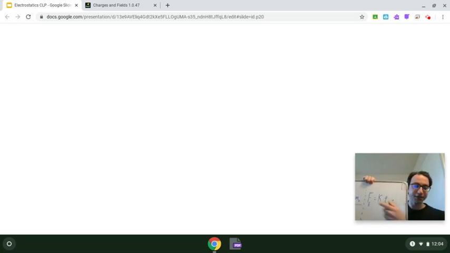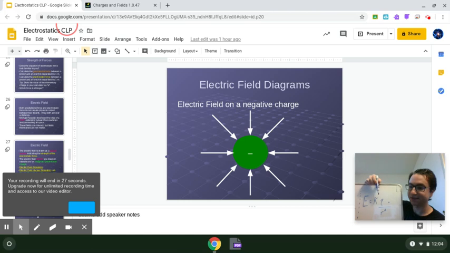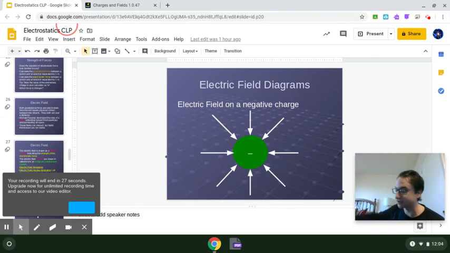And then we just change this to an E. Electric field is the k constant multiplied by the charge in question divided by the distance between the charge and the point you're interested in squared.